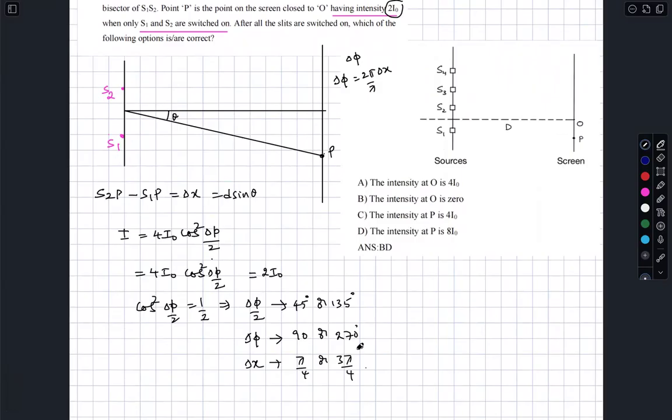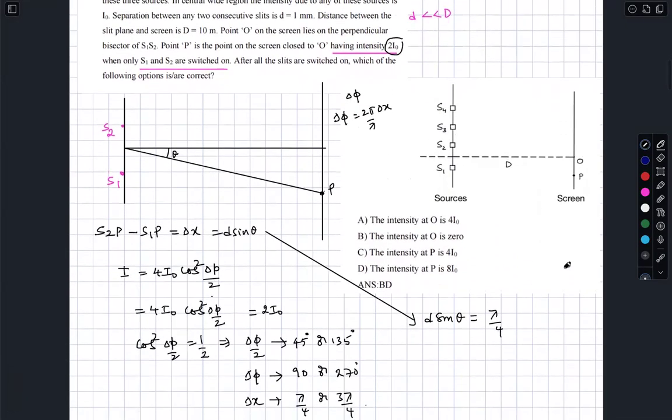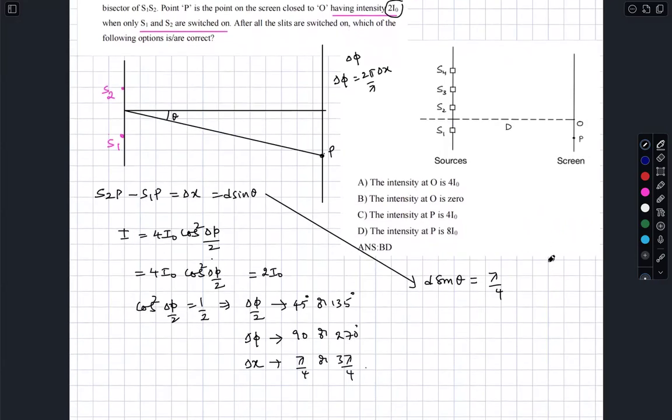Right. Now please try to understand lambda by 4. Now, by the way, we will connect this relation again here. d sin theta is path difference, lambda by 4 or 3 lambda by 4. For any of these, you take a minimum, for example.